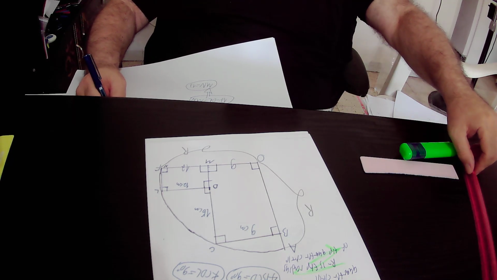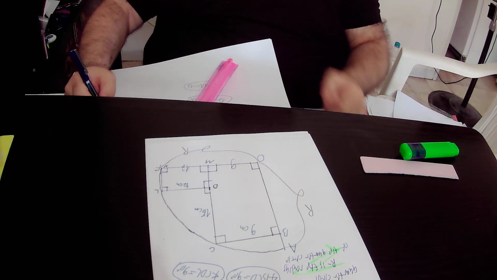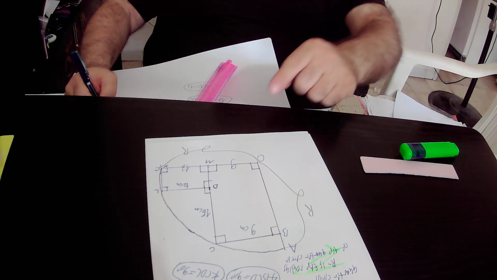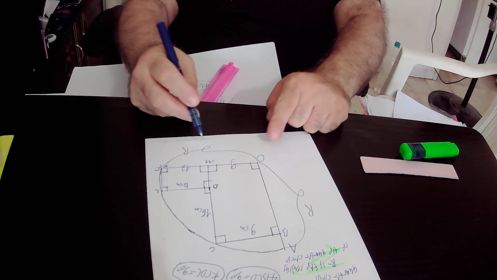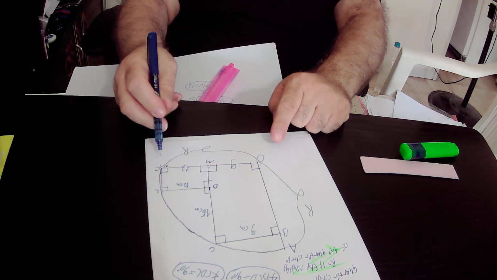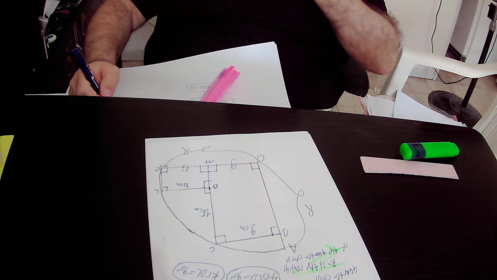So line segment ON equals 21 units. Actually, it is part of the radius. ON equals 21 units, and it is part of the radius OF.